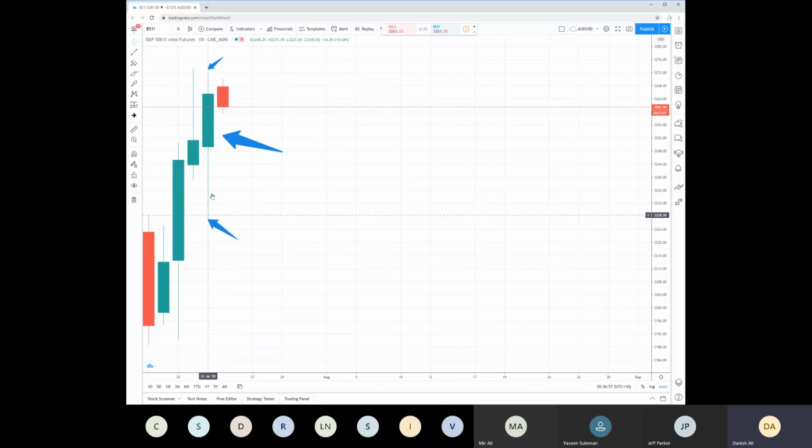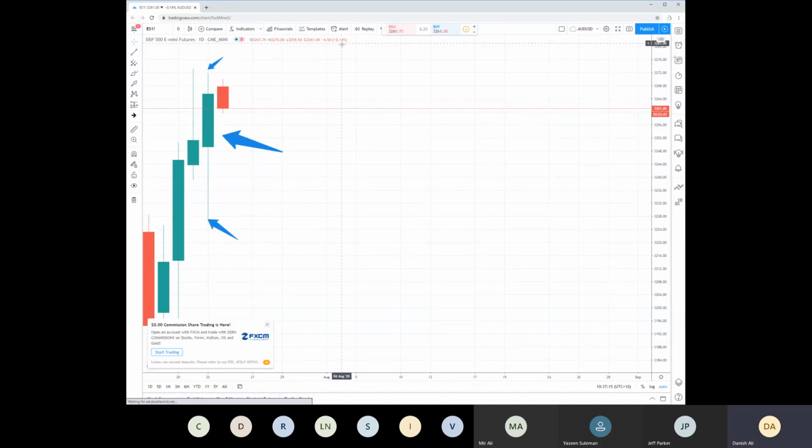The thread shows the highest and lowest data points of that period. The highest price was this, and the lowest price was right here. When I hover my cursor on any candle, notice the top row says O, H, L, and C: open, high, low, and close.